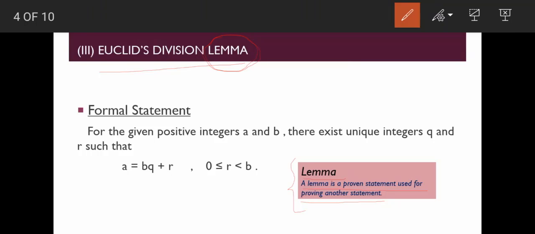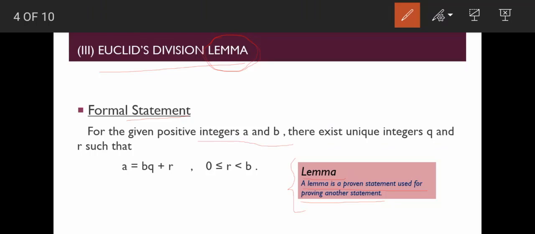Let us check how we can do it. The formal statement of Euclid's division lemma is nothing but the restatement of the division algorithm. Just now we have learned the division algorithm, the format dividend is equal to divisor into quotient plus remainder.